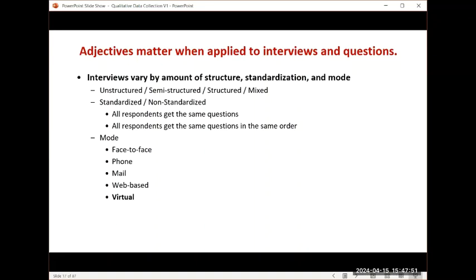And virtual basically has all or most of the advantages of face-to-face. It's just that you can do it at the convenience of both the interviewer and interviewee. So the irony is we don't see these pieces nearly as much as the other adjectives describing our interviews. When I write a research grant and I'm doing the methods section, the first sentence is, I plan to conduct X number of phone interviews, or semi-structured interviews with, and those are my adjectives.